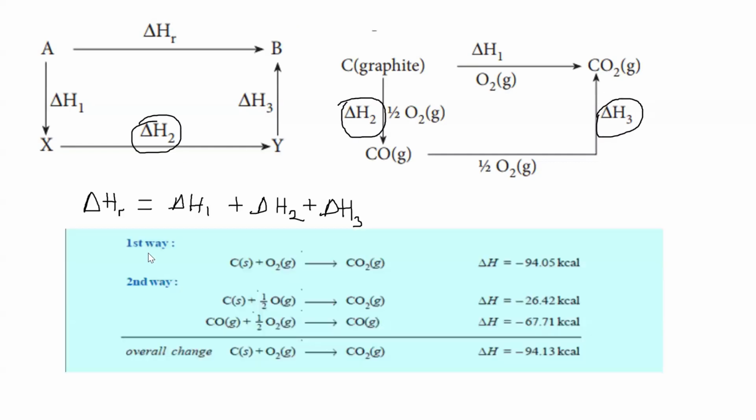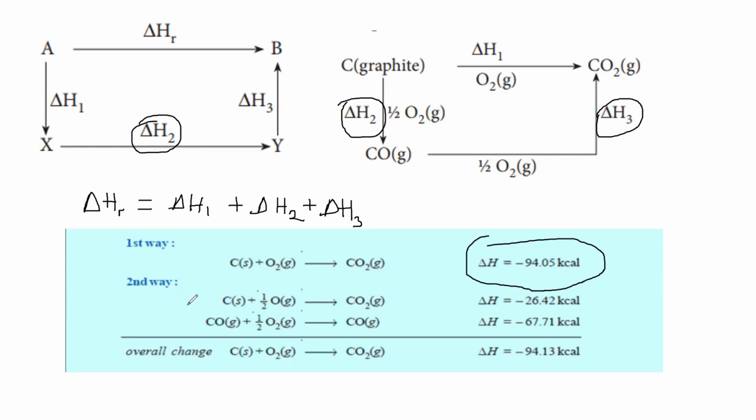Let's now look at an example. In the first way, the carbon reacts with oxygen to generate carbon dioxide, and the enthalpy change of this reaction is minus 94.05 kilocalories.